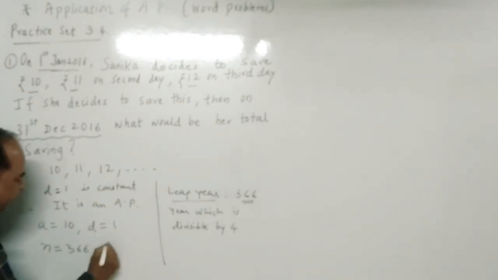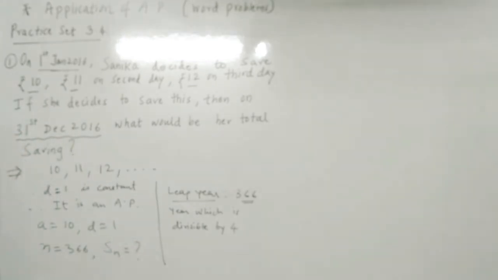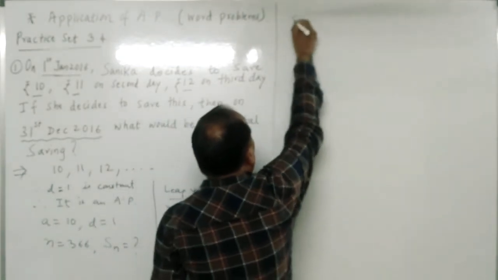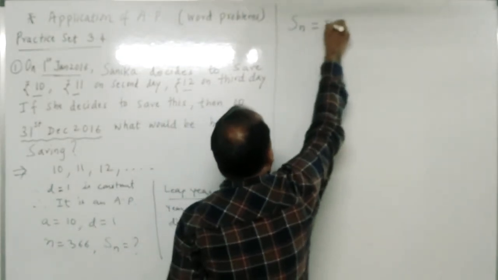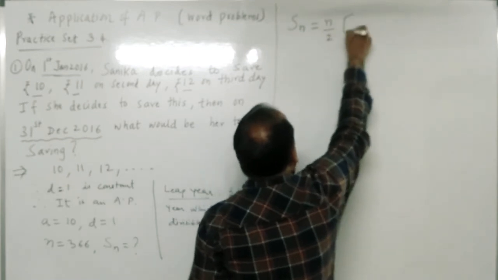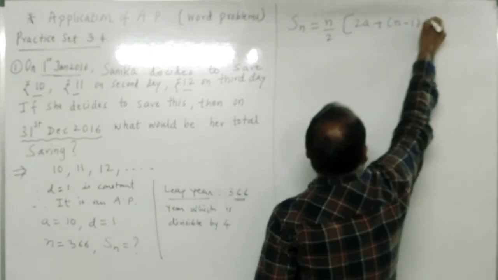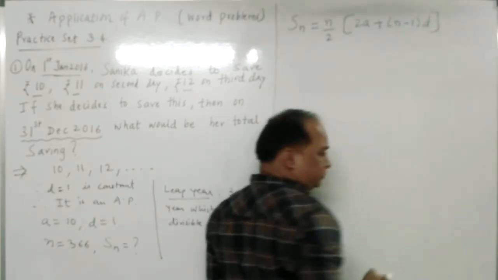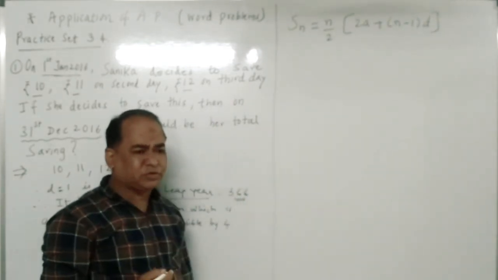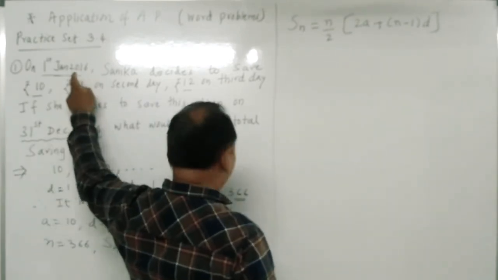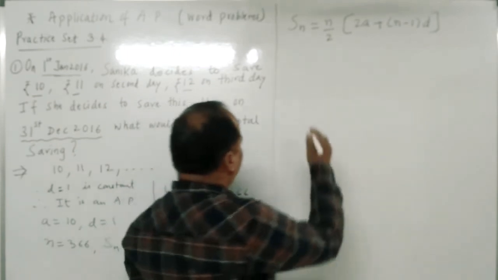So we have to find the total saving. Total saving means you have to find S_n. Here we know the formula for finding the sum of n terms: S_n is equal to n upon 2 into bracket 2a plus n minus 1 into d. We use this formula to find the total saving of Sanika in the year 2016.